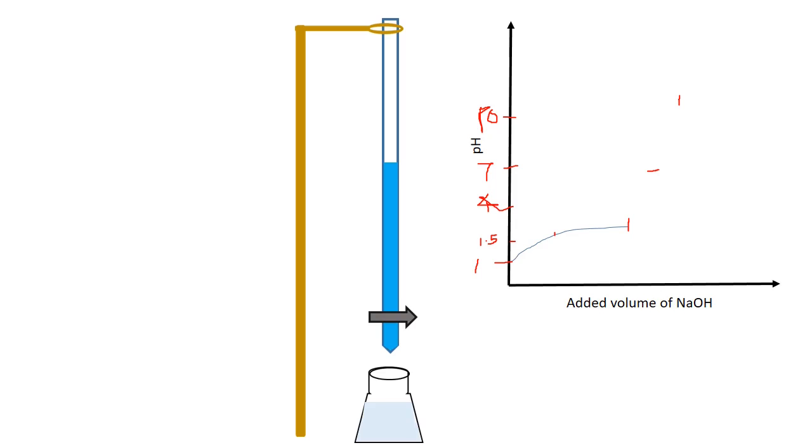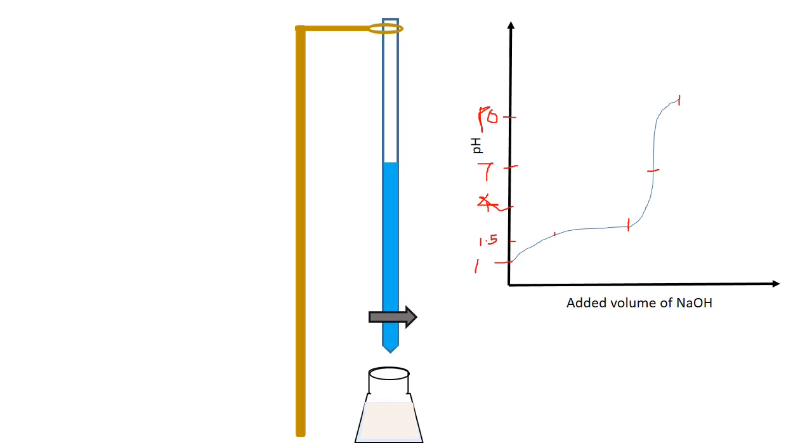Now let's see, when we add another 2 excess drops, what will happen to the solution? Did you see that? When we add another drop, that means at the equivalence point pH is going to be 7, and I have added 2 excess drops.